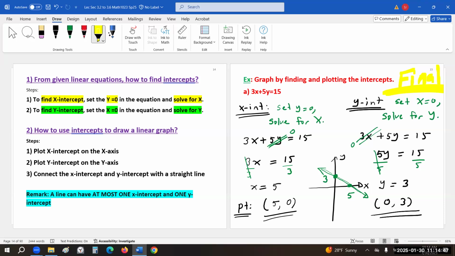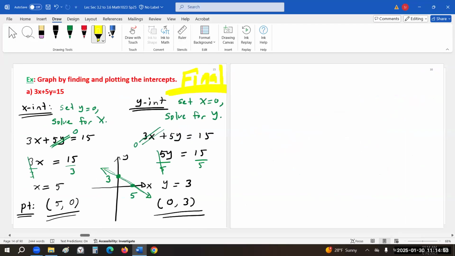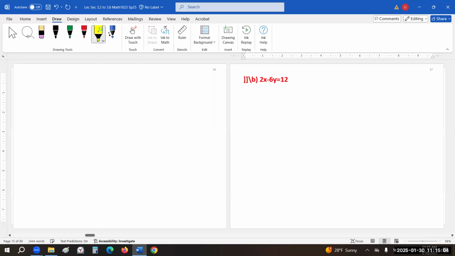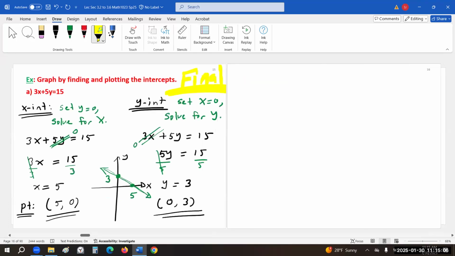Is anybody lost already? No. If you're lost from the beginning, please let me know, because if you're lost at the beginning, there is no way you can do harder ones. So be confident in the easier one.